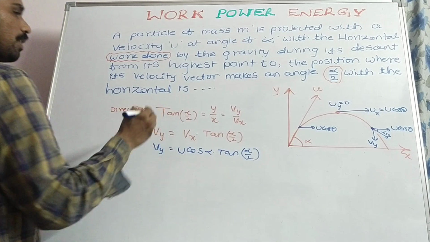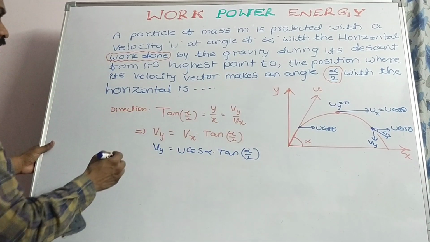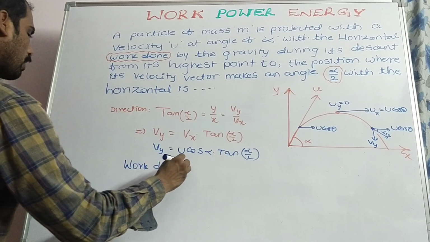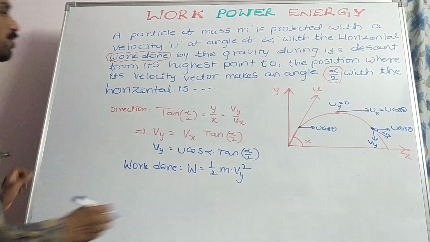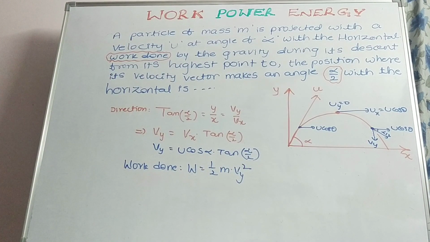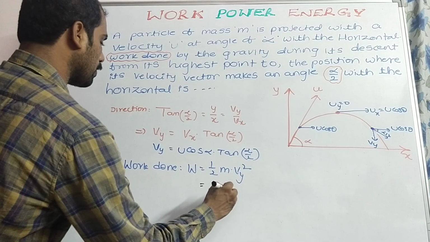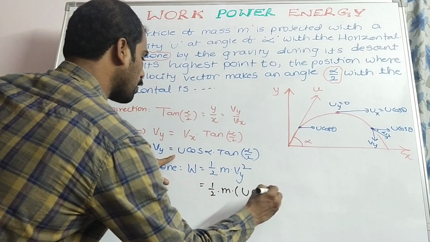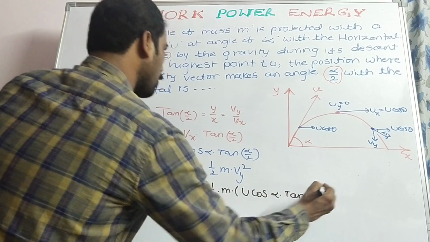Now at that particular point the vertical velocity is vy. What we have to find is the work done. Now work done W is equal to half into m into vy square. Instead of vy we write u cos alpha into tan alpha by 2 whole square.